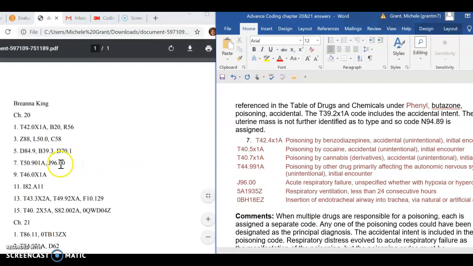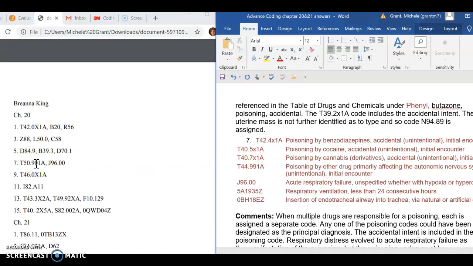Okay, number 7. We have D50.9. Keep in mind, these are all poisoning. You have 4 different types of drugs. You need to code for all 4. One good thing, you do have the poisoning first.